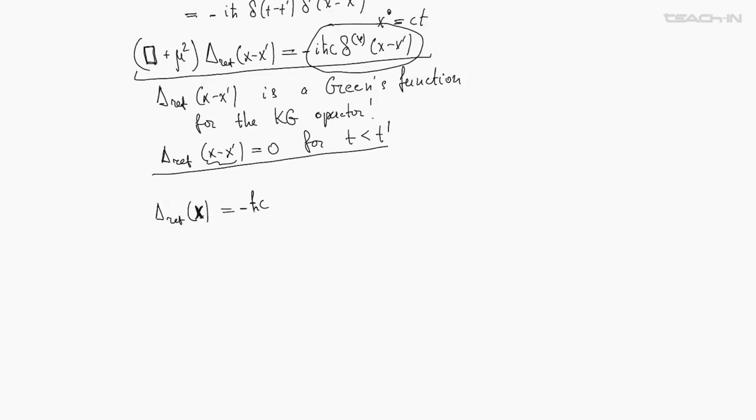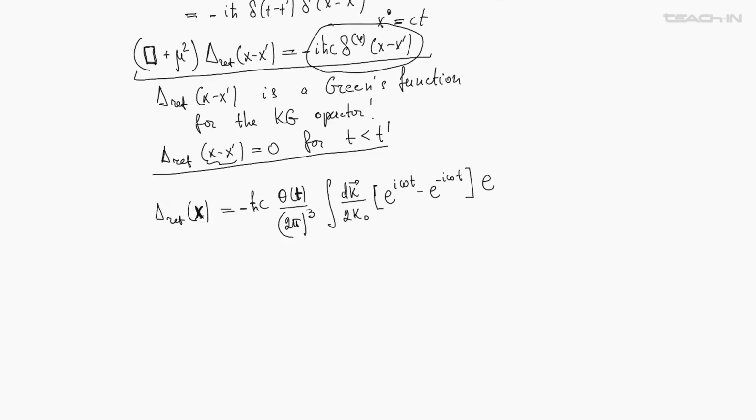So the integral representation for delta ret goes as follows. You have the theta function because it comes from the definition, but then there is this integral, delta k divided by 2 k0, and then exponential i omega t minus exponential minus i omega t, and exponential plus i k x.